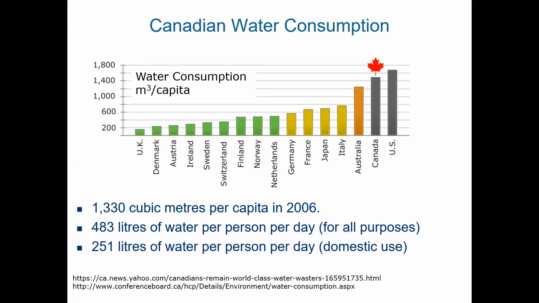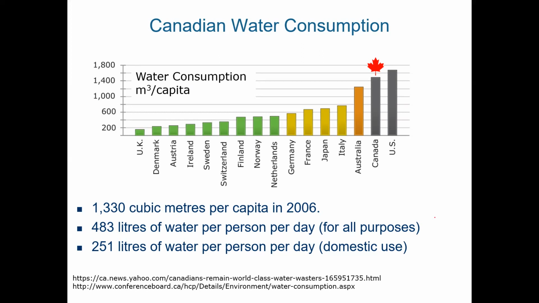So I just wanted to show you this as well. I don't know if this data is very current. It's 2006. But it kind of mirrors that map that I showed you before, in that Canada has a pretty large water footprint. And partly this is because water in Canada is cheap and it's abundant. And it's not a big deal for most of us. The numbers in terms of how much water people consume a day, if you look from year to year, that varies.